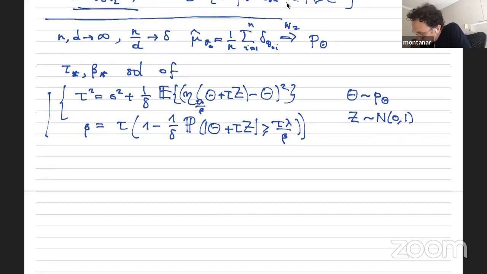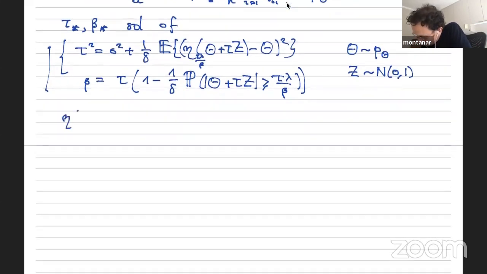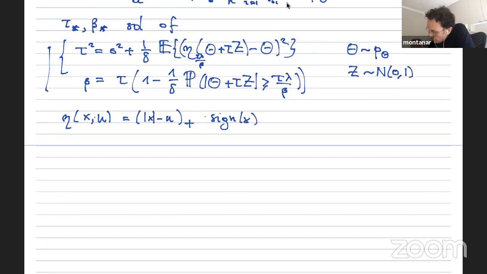I also didn't define this function eta of x and u, a special function: x minus u, positive part, times sign of x. So it's a function that looks like this. It's 0 between minus u and u, and then it's linear outside the interval. So I solve these two equations in tau and beta.